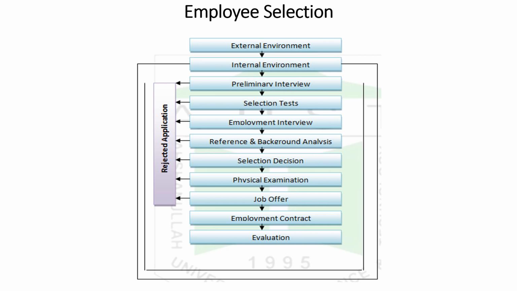Now the next step is job offer. So job offer means the organization will provide an offer letter to the candidates who have passed through all the steps above. Okay, so it's not a final appointment letter, it's just an offer letter that the company is willing to accept you as an employee in the organization.